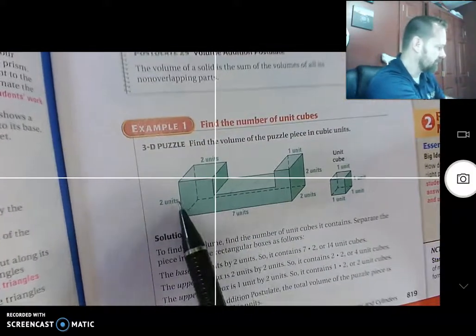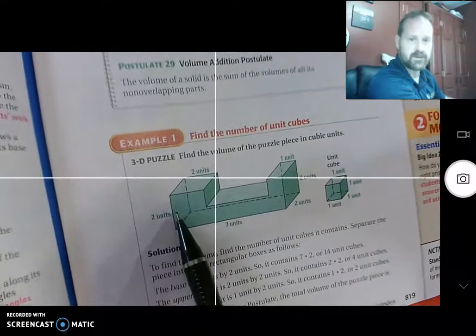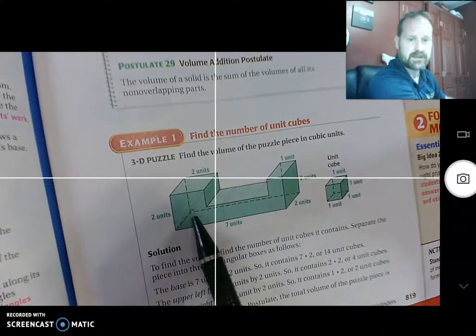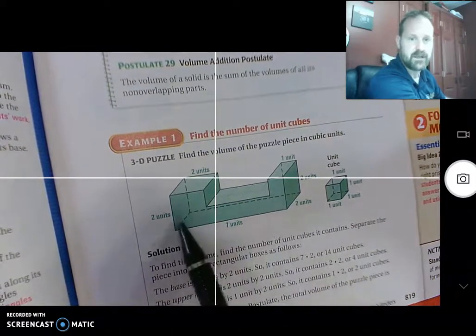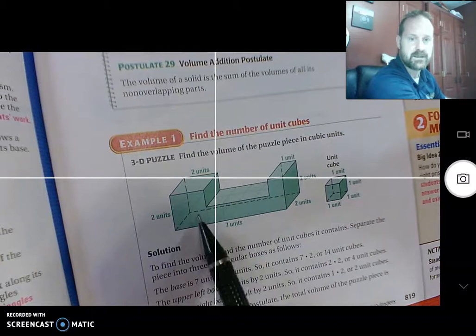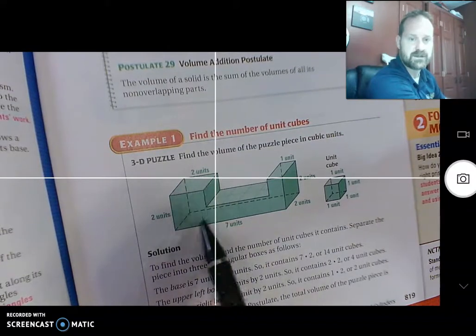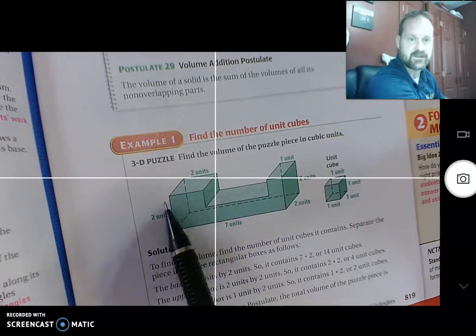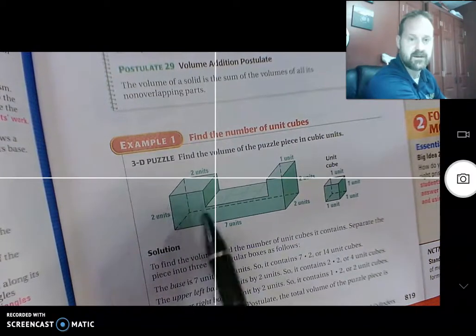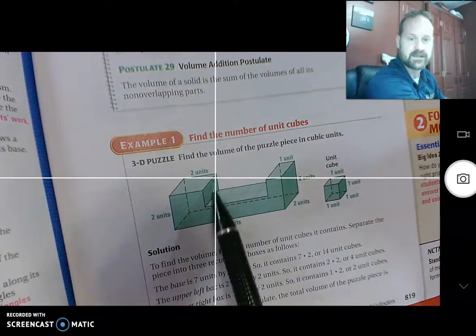So if you were to find the volume of this solid here, the way I would do it is take a saw and cut this chunk. This is called a rectagonal prism. Why is it a rectagonal prism? Because it has a rectangular base here, and there's its height. It's laying on its side.